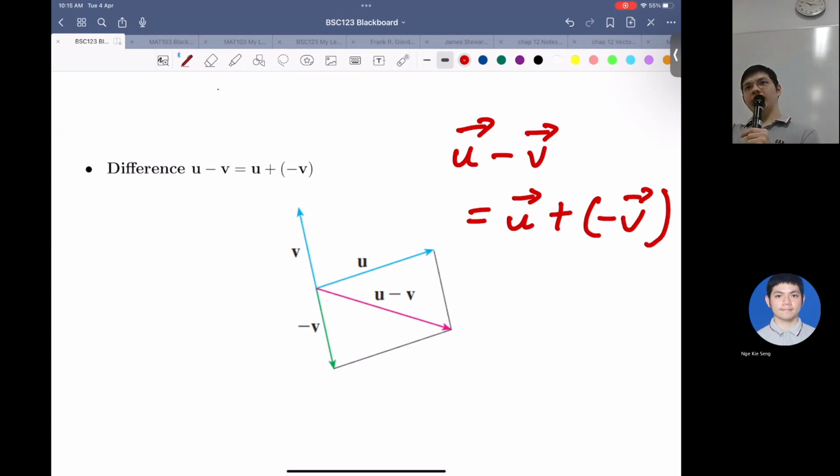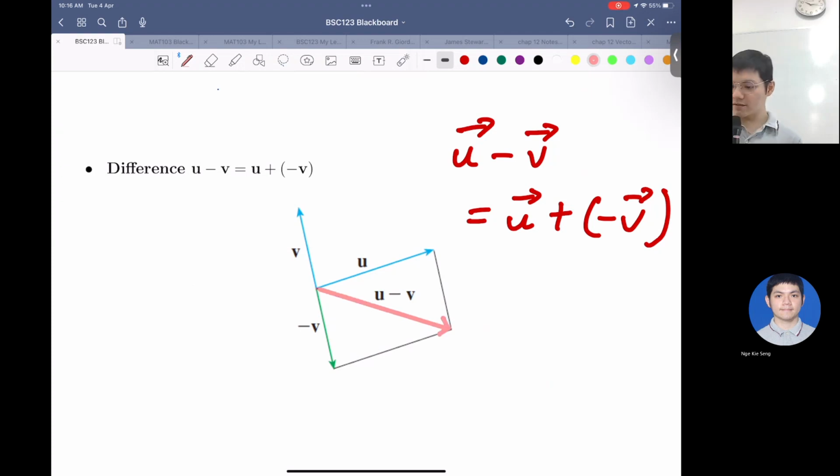You take v, multiply by -1, which means you switch direction. We already do it in the polar coordinate, right? R minus R, we go the other direction. And then you can add these two vectors together. Makes sense? Actually, let me redraw this arrow here.